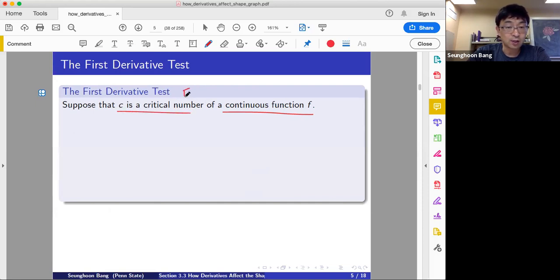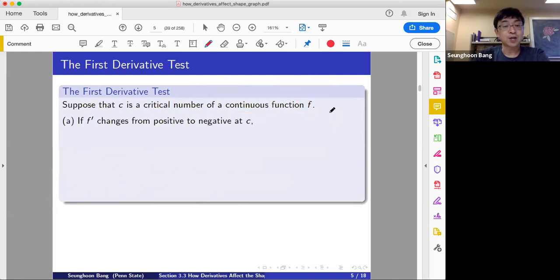We have either f prime of c equal to 0 or f prime of c does not exist, right? Does not exist. One more, the c is in the domain. In the domain, that we call a critical number.